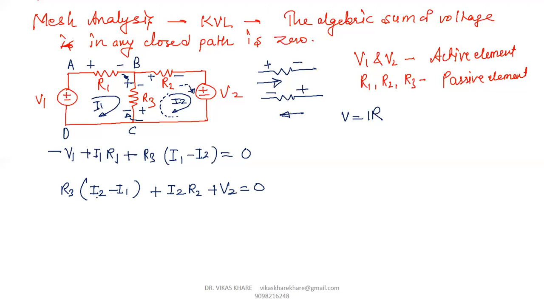For R3, I2 minus I1, because I2 is the reference. So R3 into I2 minus I1 plus I2 into R2 plus V2 equals 0. From the simplification of equations 1 and 2, we identify the unknown values of I1 and I2.